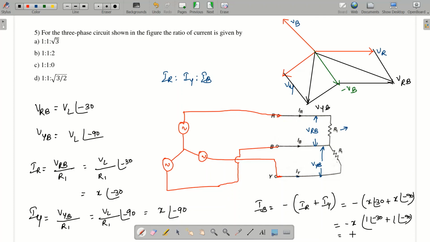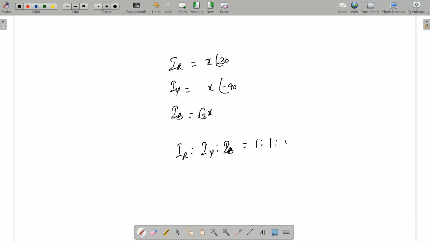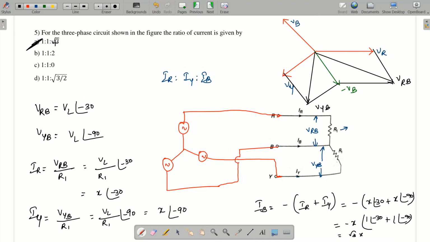You will get root 3 times x. So IR equal to x at an angle of minus 30, IY equal to x at an angle of minus 90, IB equal to root 3 times x. If you find the ratio IY to IB, you are going to get 1 is to root 3. So the answer is option A.